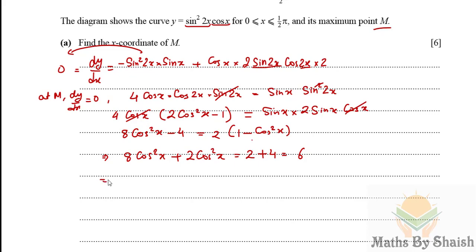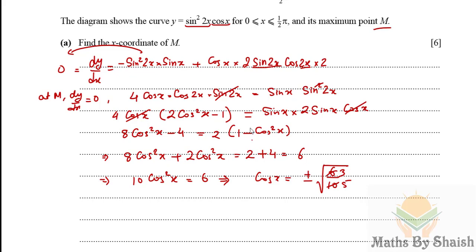So we got 10 cos²x equals 6, or cos x as plus minus root 6 by 10. Root 6 by 10 we can write as 3 by 5 as well, but that's fine.